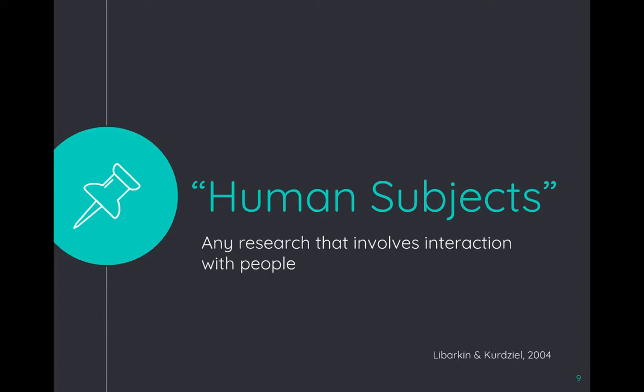Human subjects is basically referring to any research that involves interaction with people. So we can see that this is really broad, and in particular for research in education, where we're always dealing with people, it means that we need to be particularly sensitive to and aware of how we are protecting those participants in our studies.